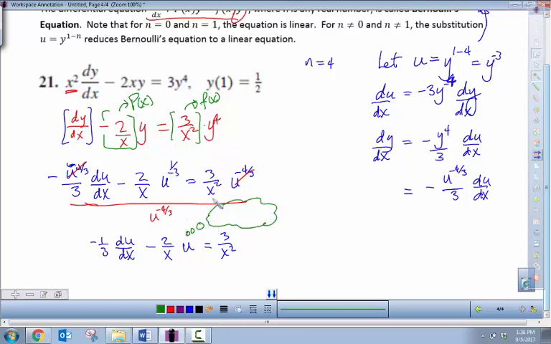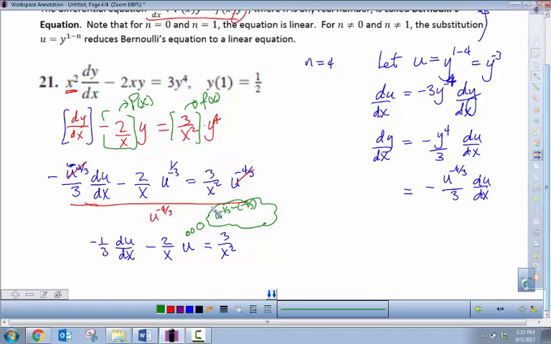So this guy's just u to the negative 1/3 minus 4/3 minus negative 4/3. Remember, when you're dividing something, you subtract the powers, right?